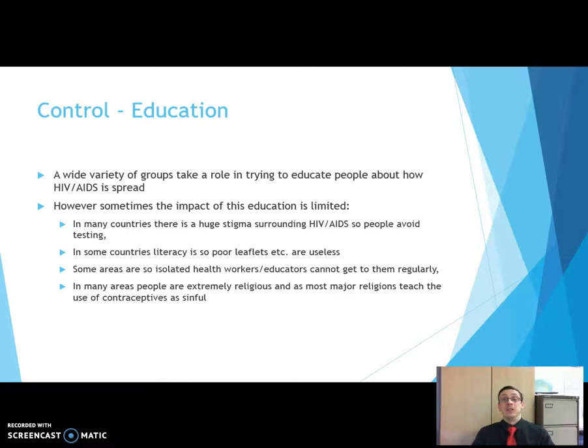And again, that's met with a lot of controversy, because on one hand you've got the argument saying, well, you're encouraging drug abuse, but then on the other hand you've got the argument saying, yes, we might be, but the law says it's illegal and we say that it's a bad thing to do, we're at least making sure they're doing it as safely as possible. So there's an argument to be had there.